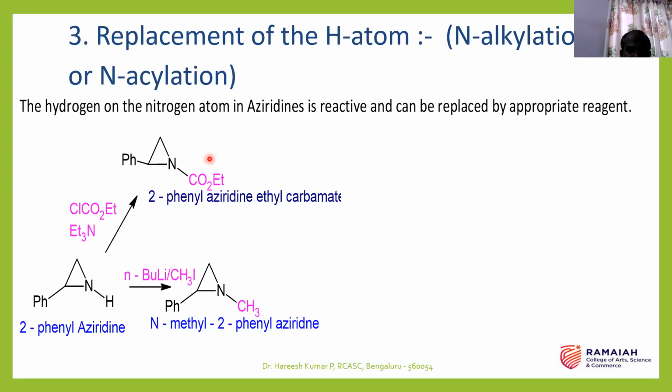So that is the product obtained. How can you name this product? This is one, this is two, so 2-phenyl aziridine. Aziridine is a three-membered ring with nitrogen, and ethyl means this one, ethyl carbamate. So the name of this compound is 2-phenyl aziridine ethyl carbamate.